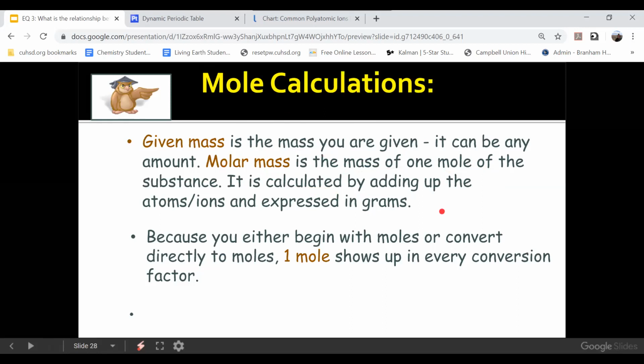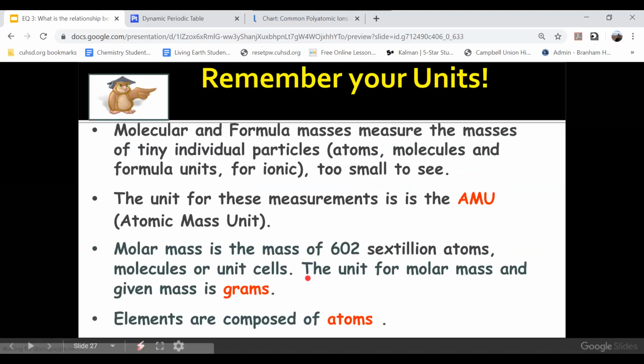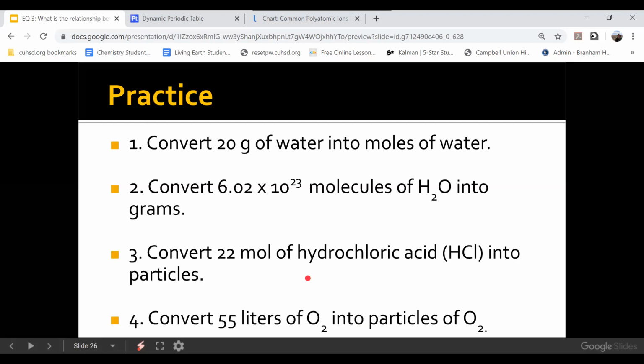It's calculated by adding up all the atoms / ions, which should have the same mass, and are expressed in grams. In this case, the ions, because the electrons are such a small mass that we just basically count them as negligible. Because you either begin with moles or convert directly to moles, 1 mole shows up in every conversion factor. So when you're doing these practice problems, you should have moles somewhere in here.